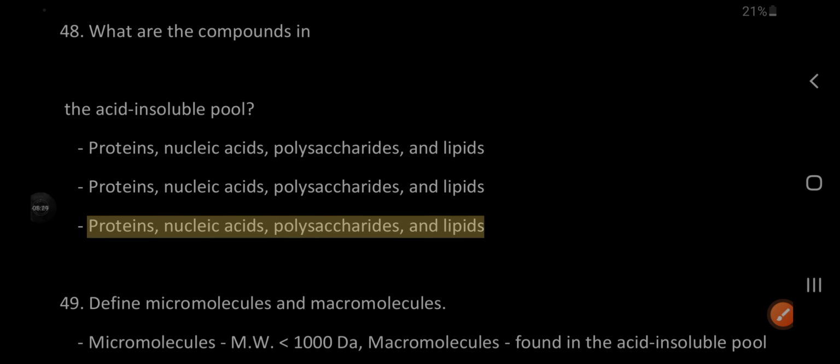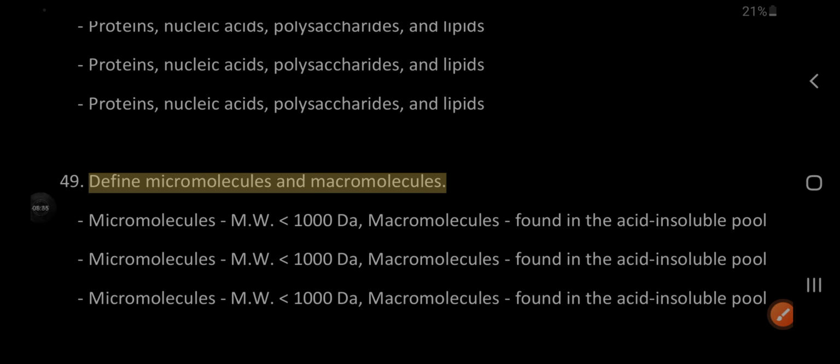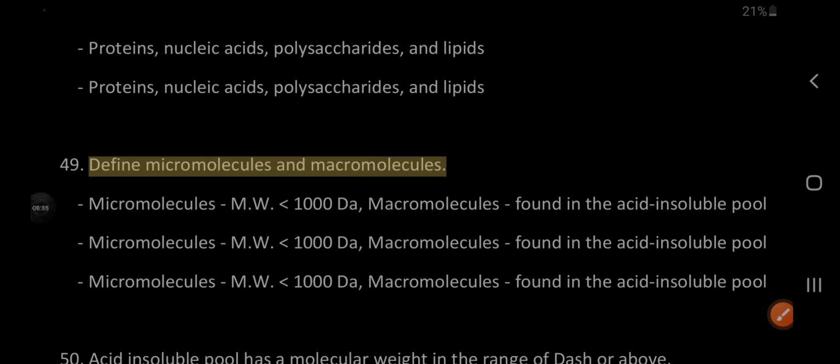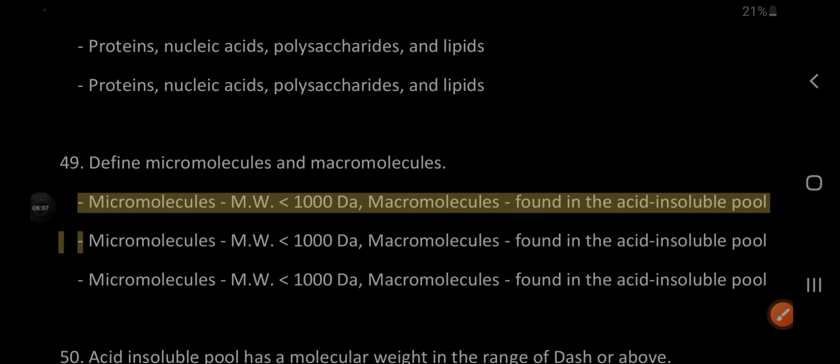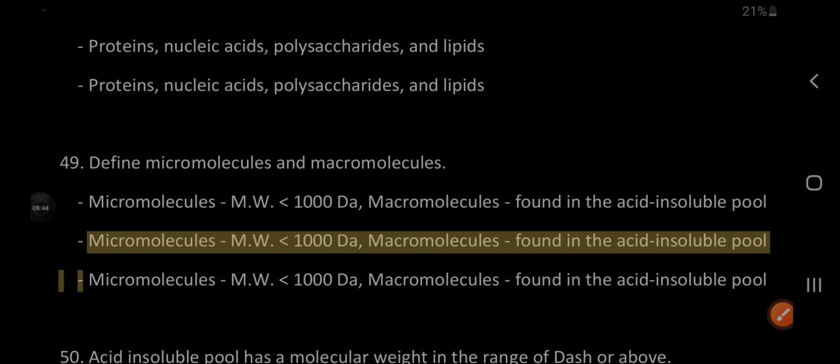49. Define micromolecules and macromolecules. Micromolecules have molecular weight less than 1000 daltons; macromolecules are found in the acid-insoluble pool. 50.